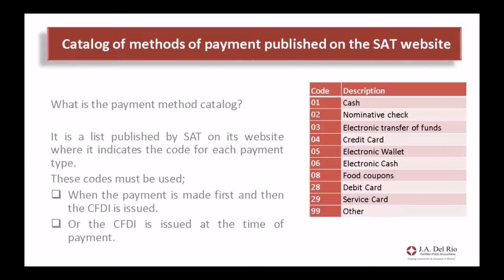So I want to stress the importance that it was published through its website, because now we are having to look to several documents in order to be able to have an accurate compliance just to invoice and XML. First, we need to go to the Federal Tax Code for the obligation.